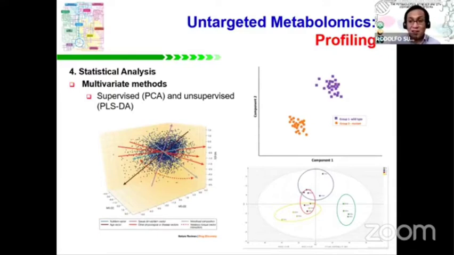Again, I enjoyed Dr. Lacerna's discussion on this, very clear, detailed, rich in information. So you can do unsupervised multivariate analysis, such as principal component analysis, or you can label your features according to classes and do supervised analysis. Sorry, PCA is unsupervised while PLSDA is supervised, or partial least squares discriminant analysis.